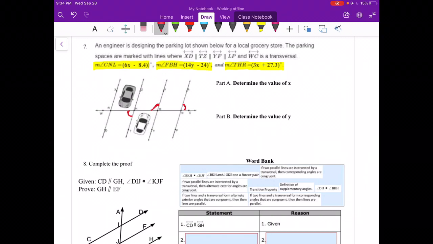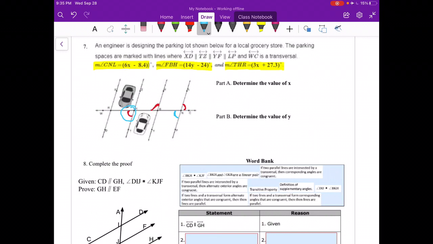Basically, each of these transversals, if separated, have corresponding angles that match each other. If we think about this carefully, angle THR, if we were to move it to our other transversal, would end up right here.